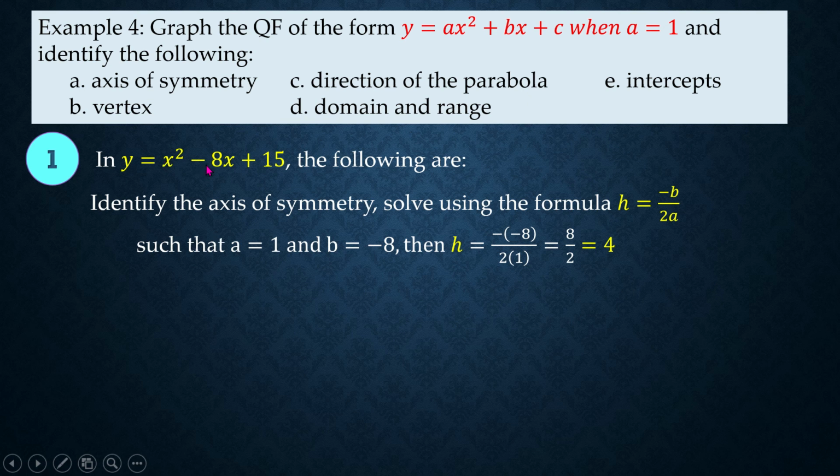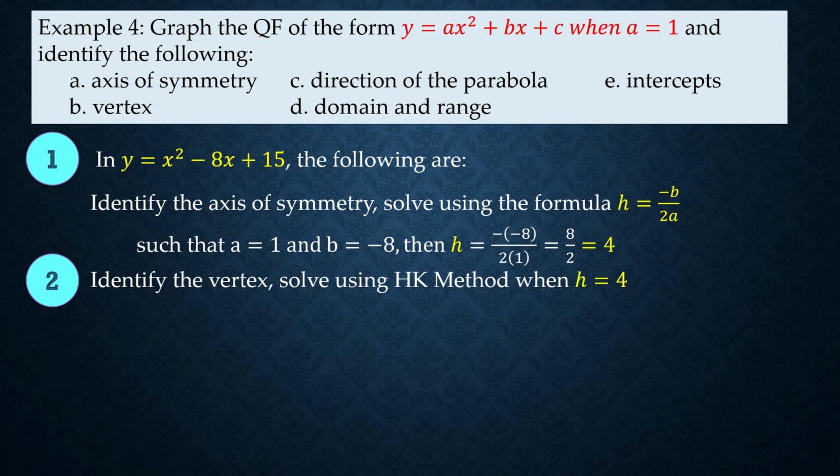B is minus 8x, so obviously b is negative 8. Then plug in. H is equal to the negative of the value of b, and b is negative 8. So, negative of negative 8 over 2 times 1. Negative of negative 8 is positive 8, divided by 2 is positive 4. So, our h is positive 4.